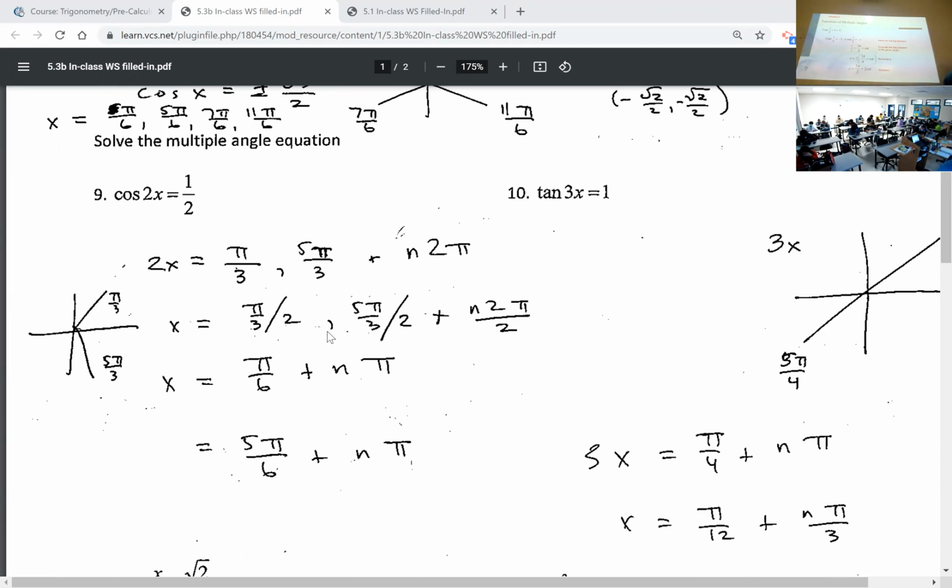But now to get rid of that 2, I have to divide all of these by 2. So it's pi over 3 divided by 2, 5 pi over 3 divided by 2, plus n2 pi divided by 2. My final answer is pi over 6 plus n pi, and 5 pi over 6 plus n pi, dividing that through.